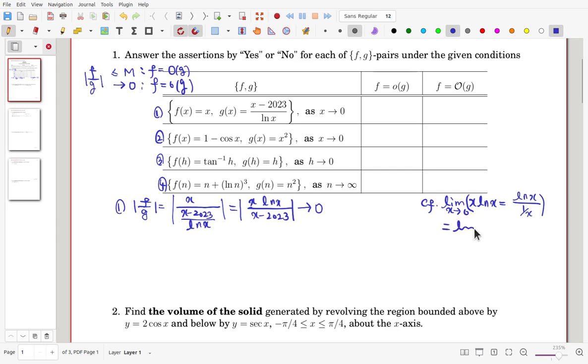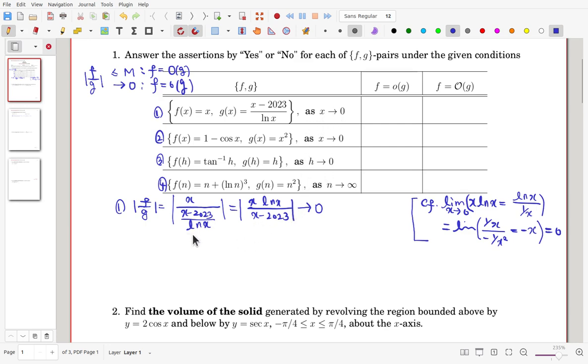The top will be 1 over x as its derivative, and the bottom will be minus 1 over x squared. So that term is the same as minus x. As x approaches 0, the value must approach 0. You already learned this one. So this fraction approaches 0 as x approaches 0.